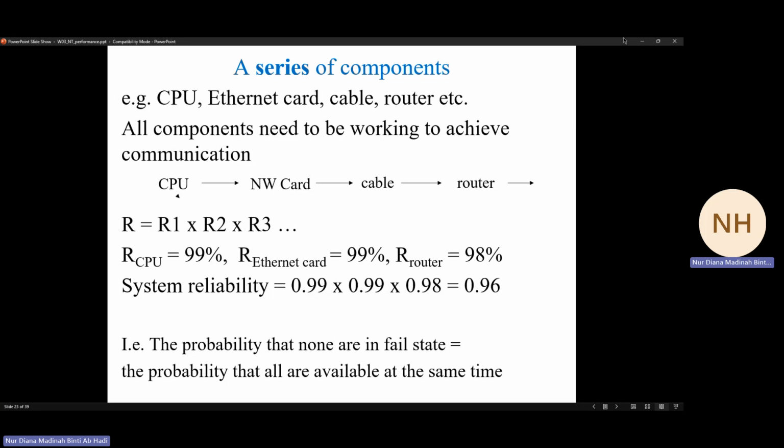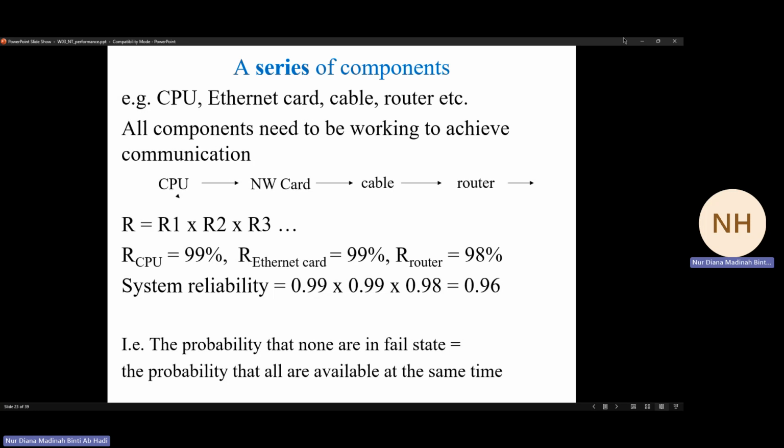So how do we calculate the reliability? Each of them will be represented, CPU for example, as R1. We will take the value of R1, 0.99, and then multiply with the value of the Ethernet card, and then multiply with the value of our routers.